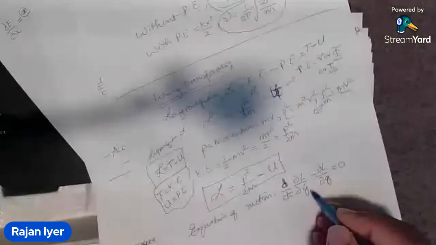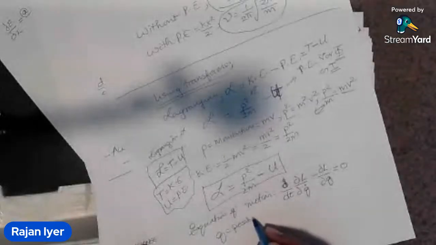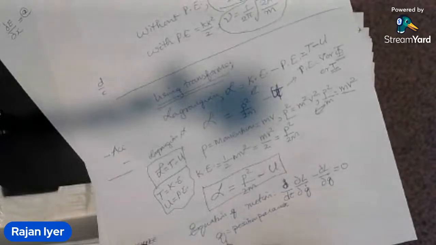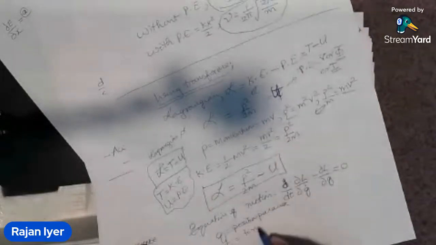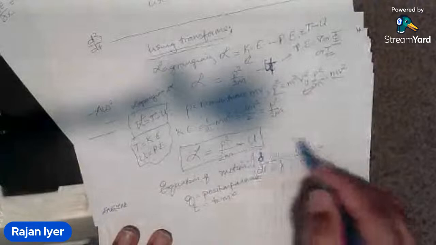In our case, Q equal to X, so Q is a position, the parameter, and t is the time. It's a Lagrangian equation.